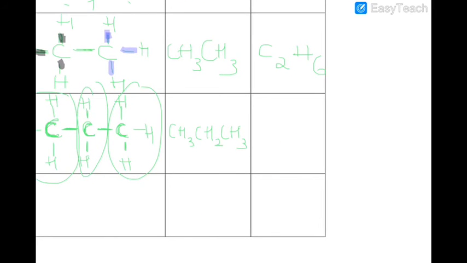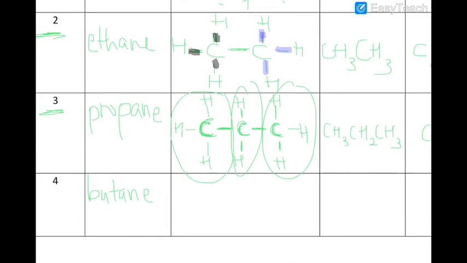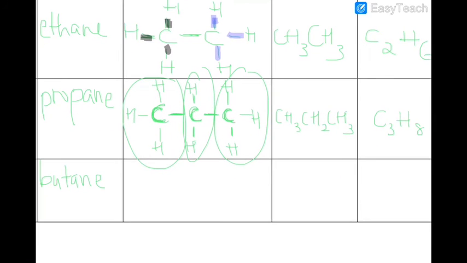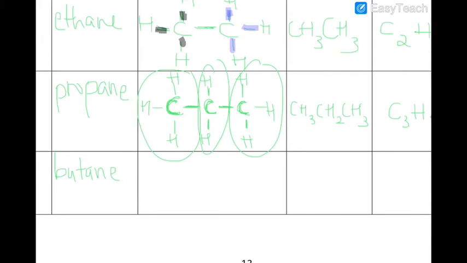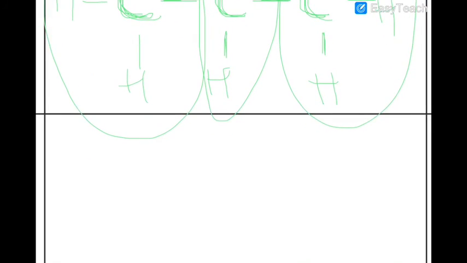So how many carbons do we have? 3 carbons. How many hydrogens? 8 hydrogens. So that's the formula of propane. Whenever you are asked to draw propane, propane always looks like this. It's fixed.